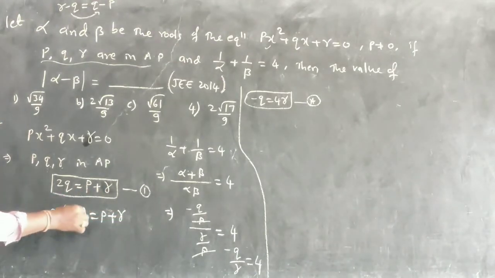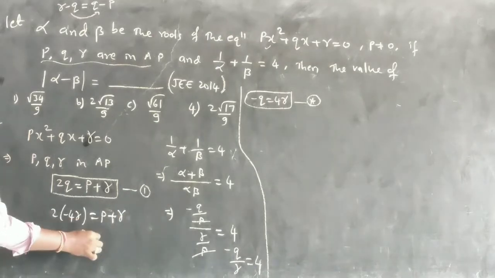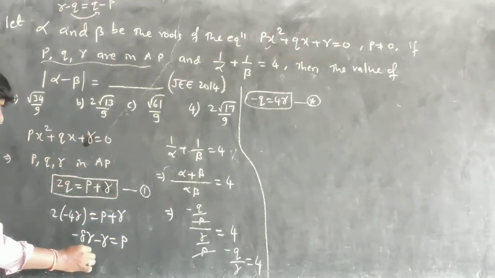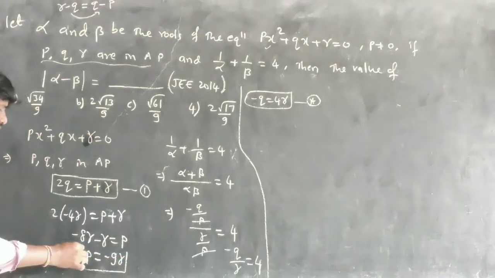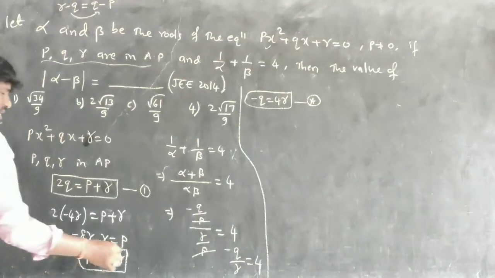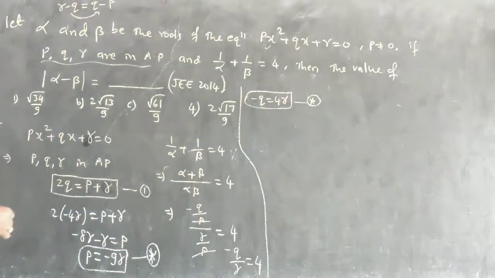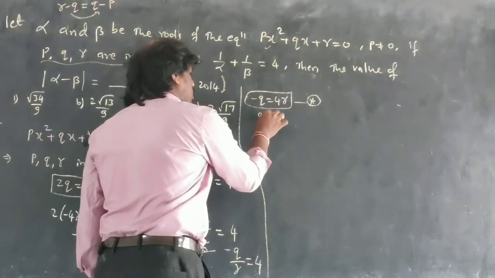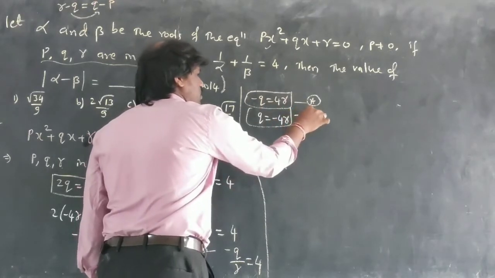It means this is minus 8r, and sending this plus r to the other side, minus 9r is equal to p. So the p value is minus 9r. I got the p value, make this a star, I'll use it in the future. And I got one more thing: q is equal to minus 4r, and this can be used in the future.